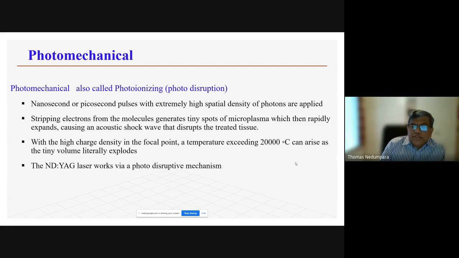So there is no damage to the surrounding tissue. Photodisruptive or photomechanical effect is mainly used to break stones, like kidney stones or stones in the biliary system. It is also used in ophthalmology.